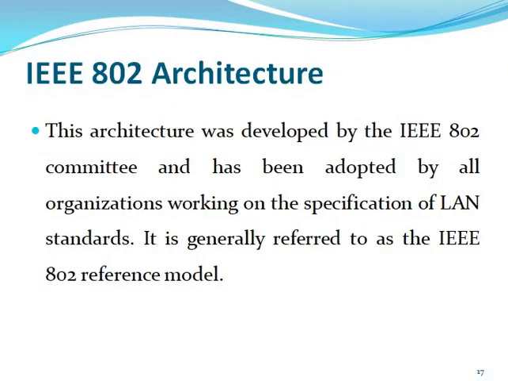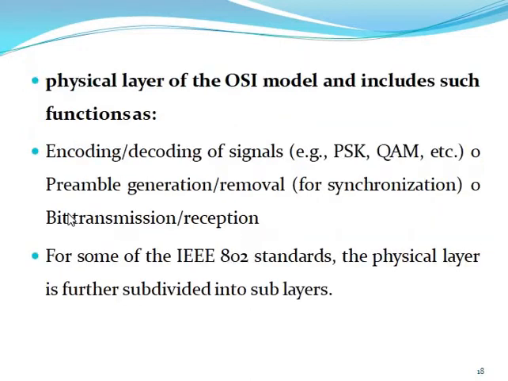Now next we discuss the IEEE 802 architecture. This architecture was developed by the IEEE 802 community and has been adopted by all the organizations working on specifications of LAN standards. It is generally referred to as the IEEE 802 reference model.